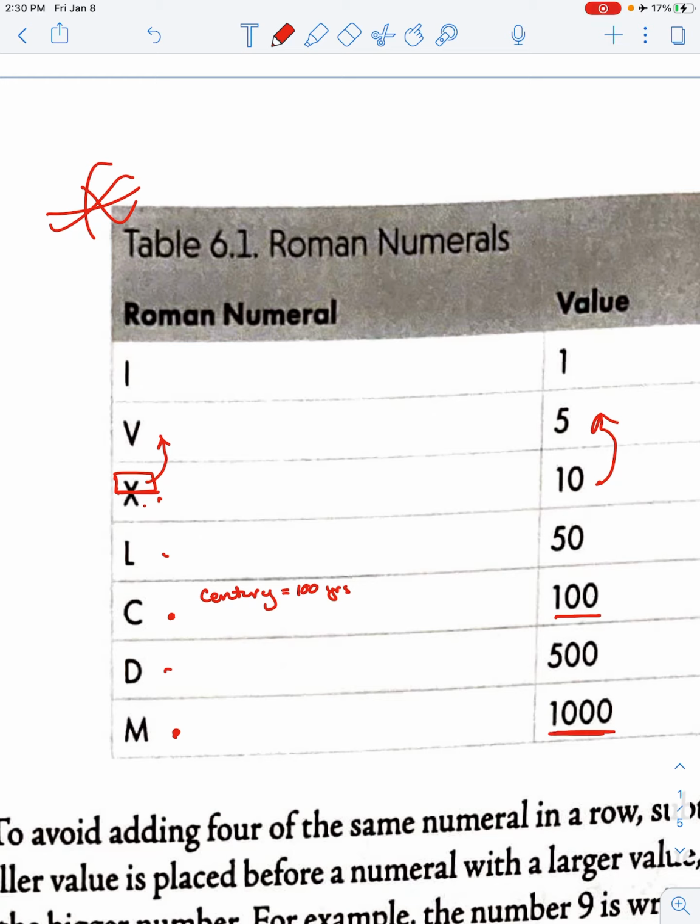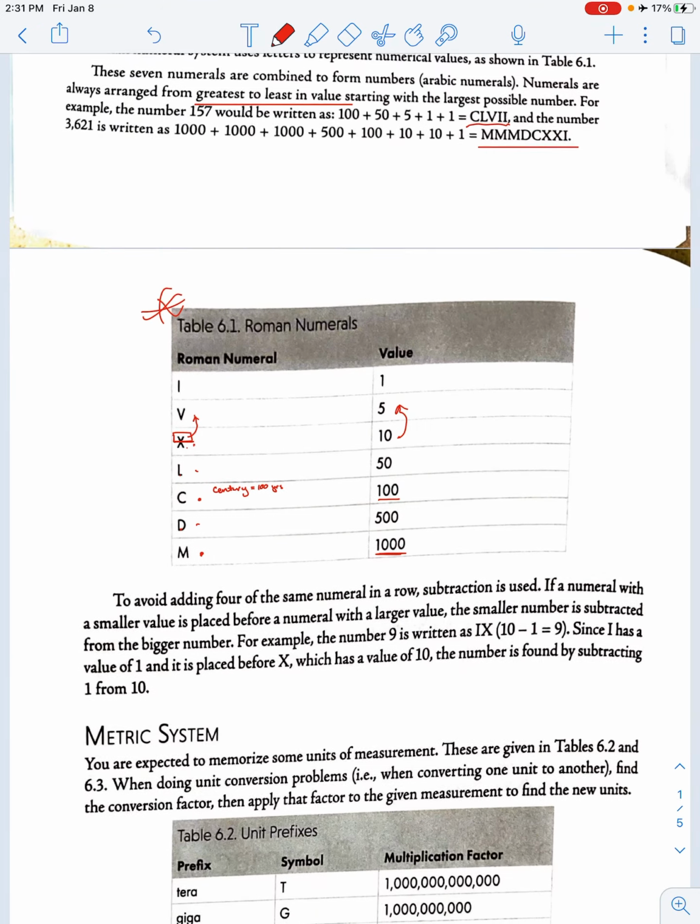Now, unfortunately, for L and D, I've got nothing for you. You can come up with your own mnemonic device to help you to remember that L is 50 and D is 500. But these are our 7 Roman numerals.